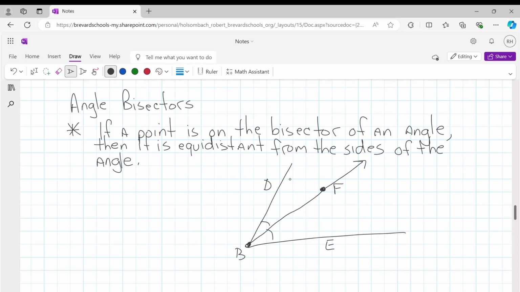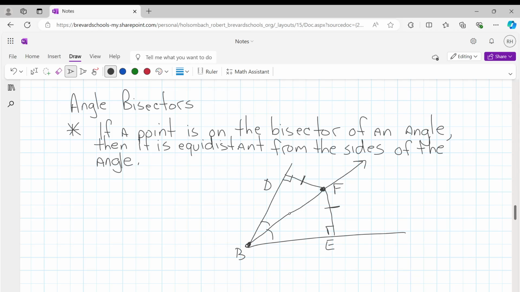And what that means is if you drew a line from F to the side of this angle, and then F to the other side of the angle, this is obviously not to scale, and that segment is perpendicular to the side of the angle, then D to F would be congruent to E to F. Any point on a bisector is equal distance from the sides of the angle.